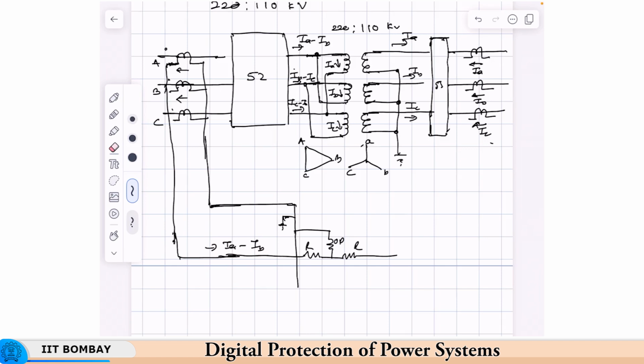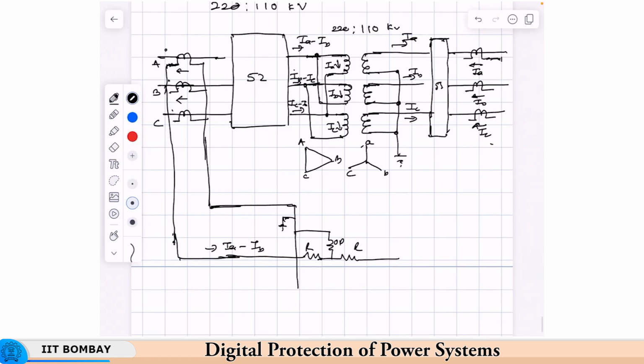Okay. So now this will have to be connected in delta. To make it IA minus IB, we will have to connect it. Just a minute. There isn't enough space. Okay.